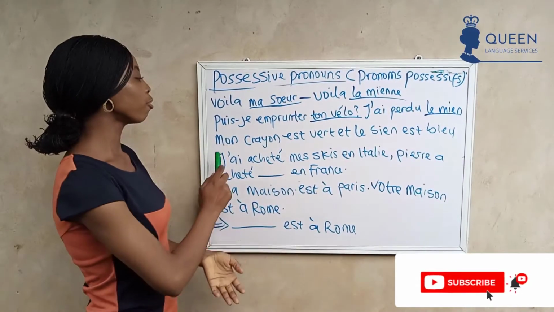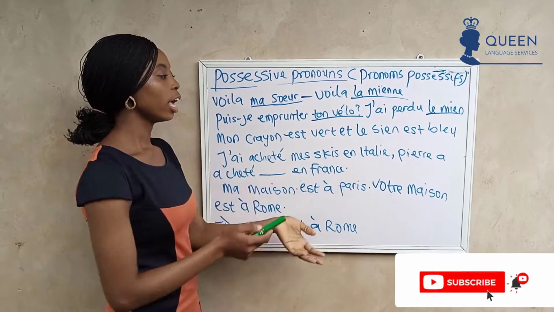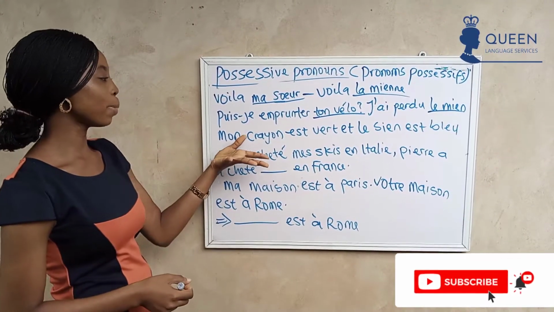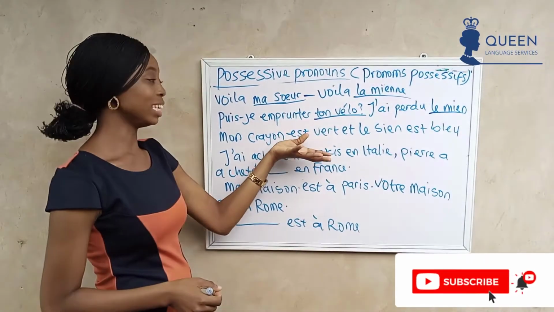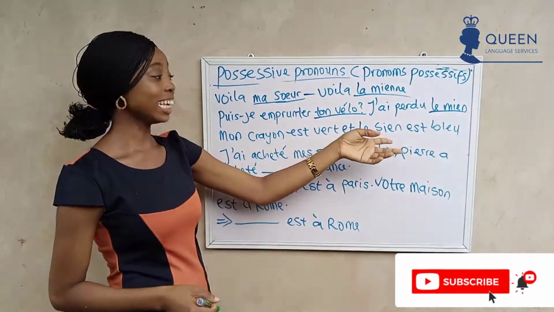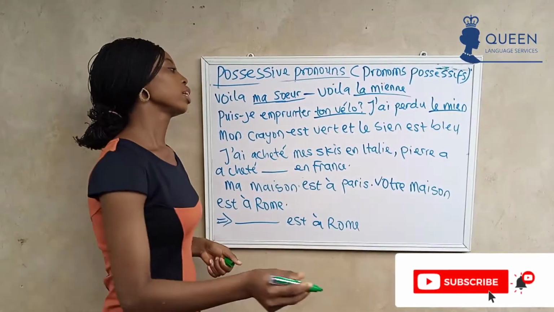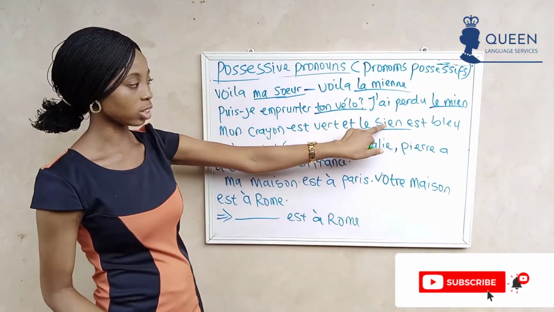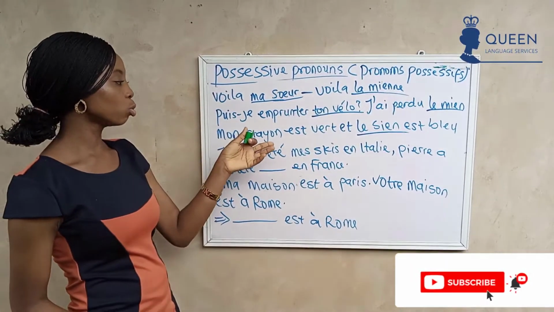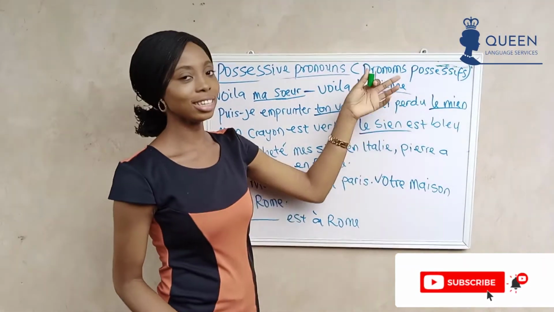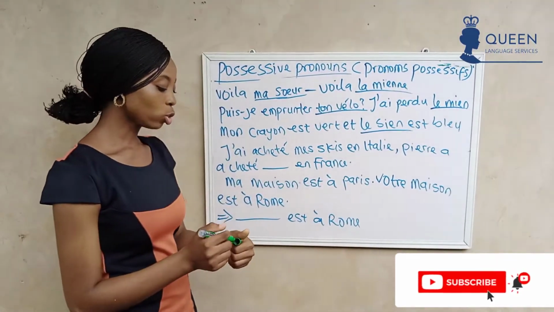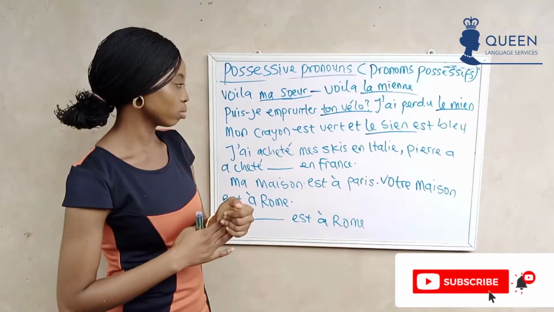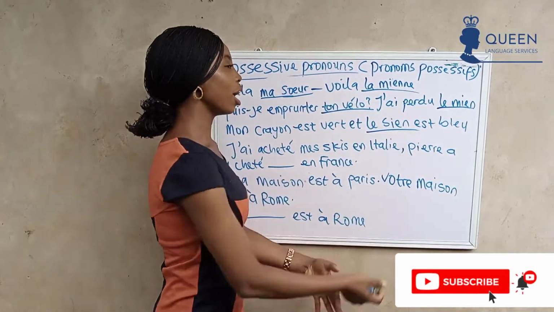Okay, we have another one. We have mon crayon est vert et le sien est bleu. Oh, okay. So we have it that my pencil is green and his is blue, because this is third person singular and it is of a masculine gender. So instead of saying and his own pencil is blue, you just have le sien est bleu.